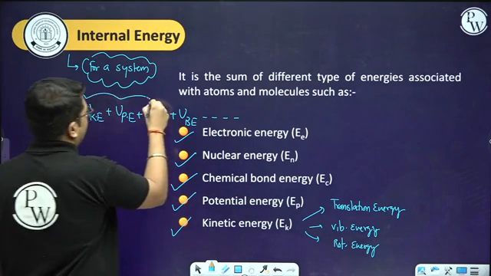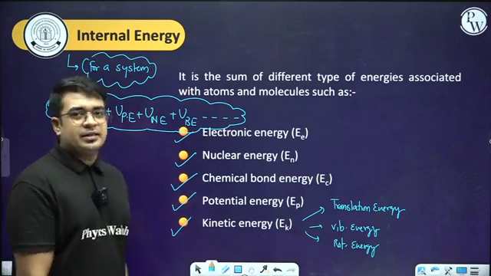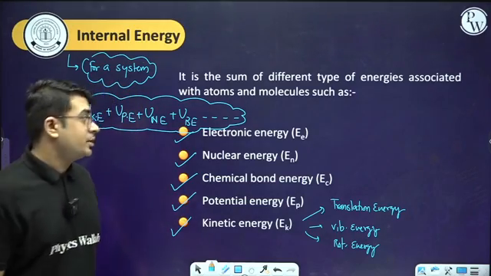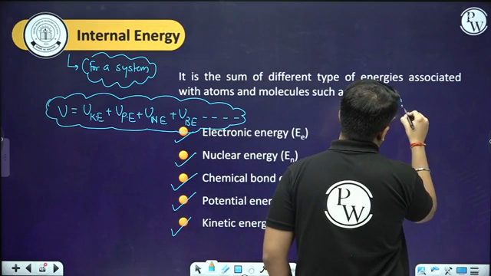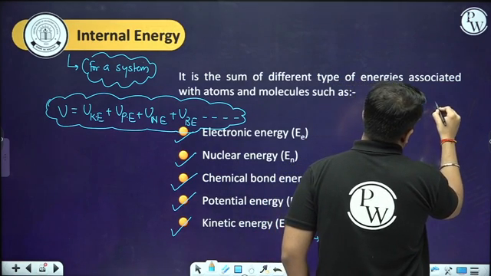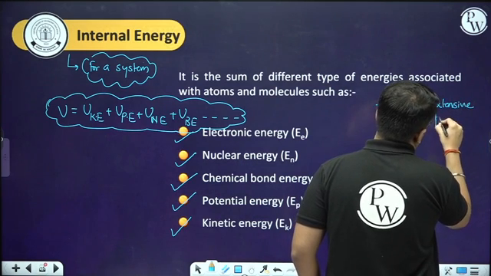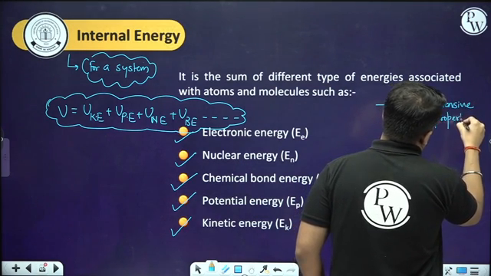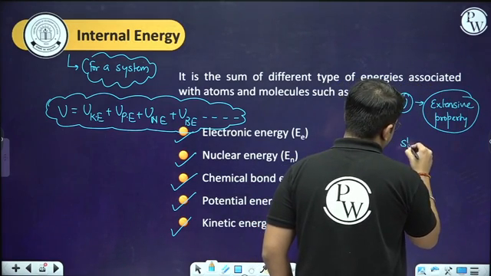A specific amount of energy is always associated with a particular system, and that energy is known as internal energy. Again, we know certain things about internal energy. This internal energy is an extensive property. But it is also a state function.